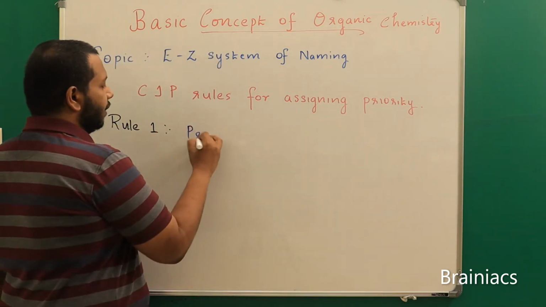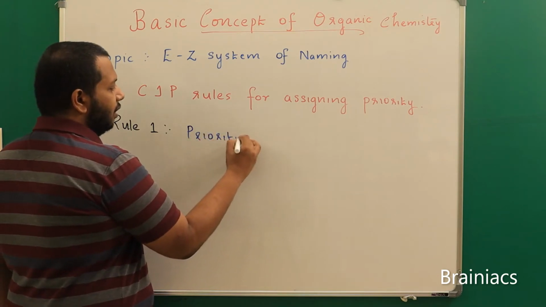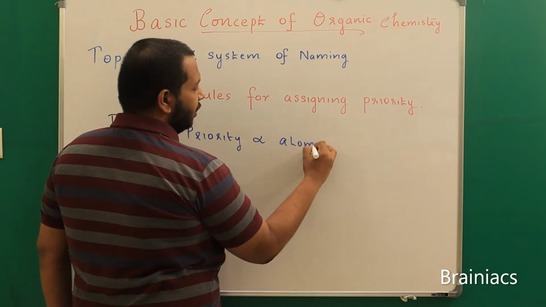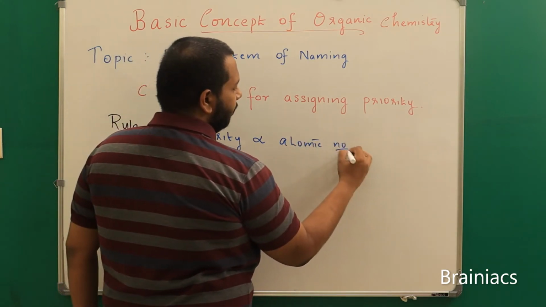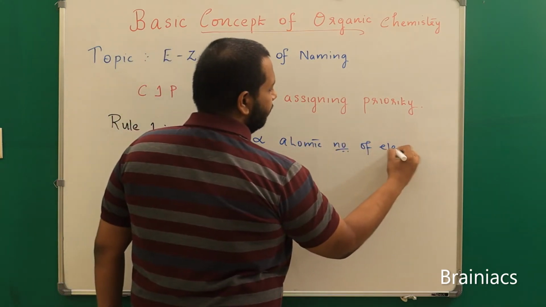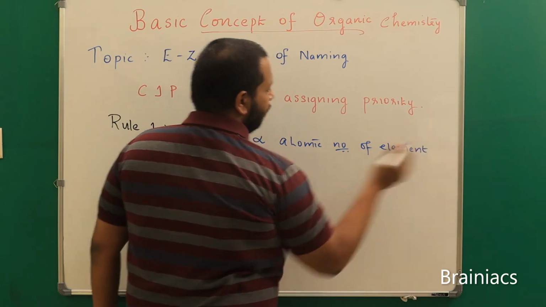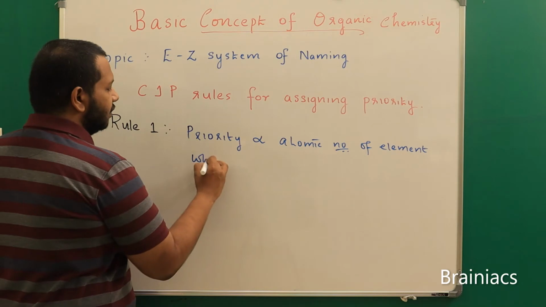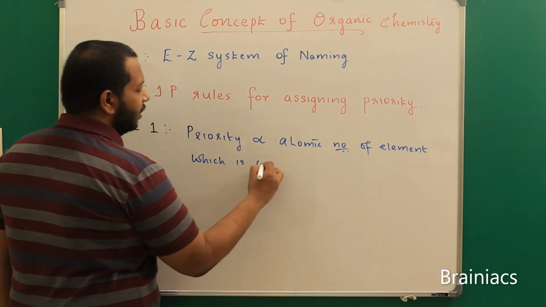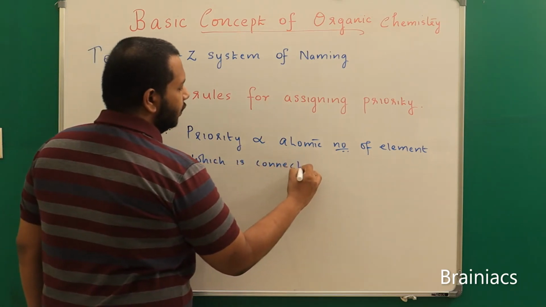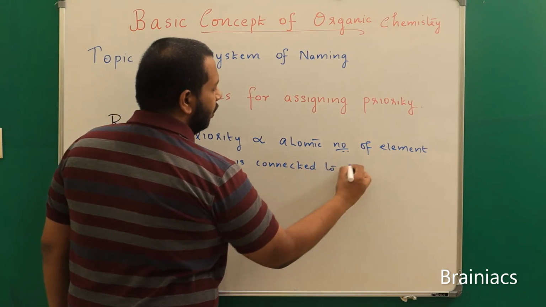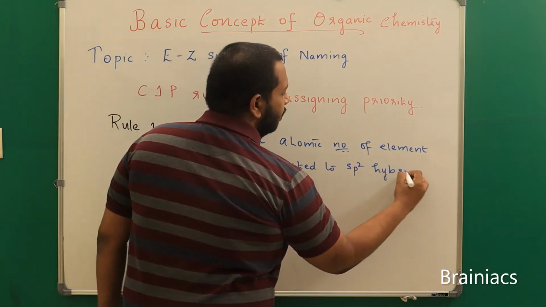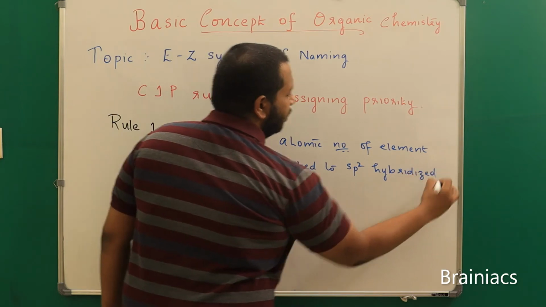Priority is directly proportional to the atomic number of the element which is connected to the sp2 hybridized carbon atom.